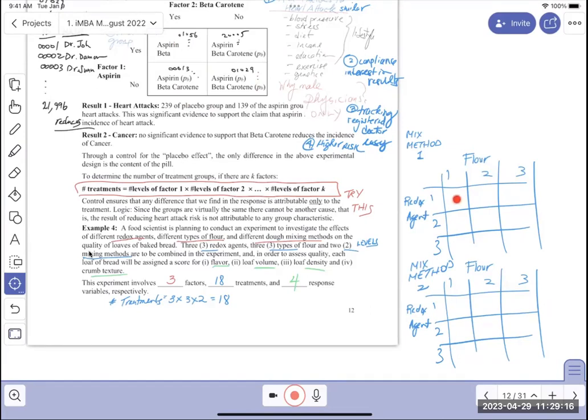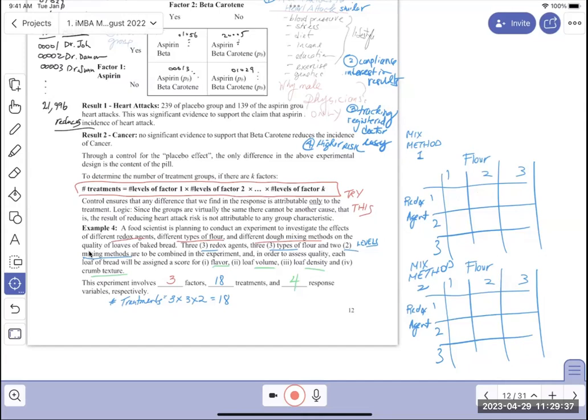Maybe the temperature in the room, like other things that could affect the flour. The consistent temperature of the oven, that can change. So you maybe want to make 5 loaves in each of these.